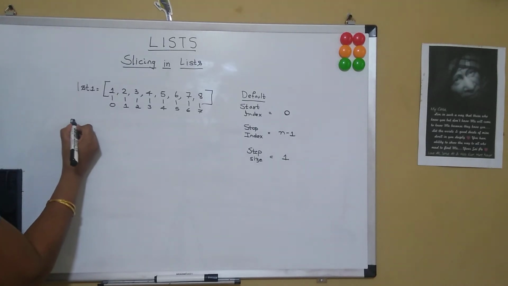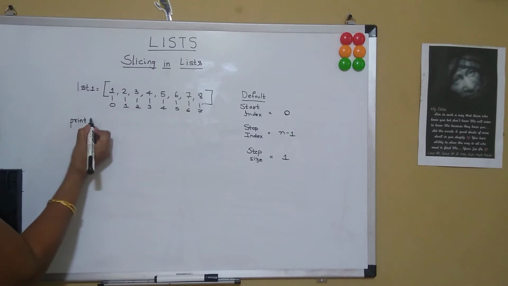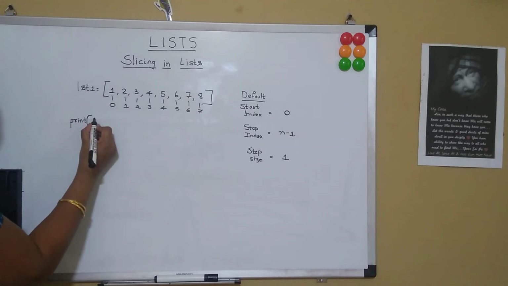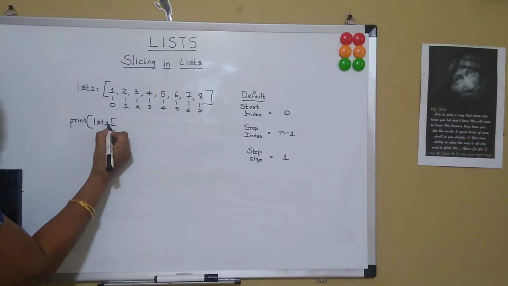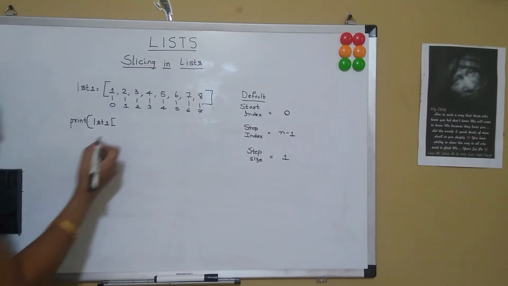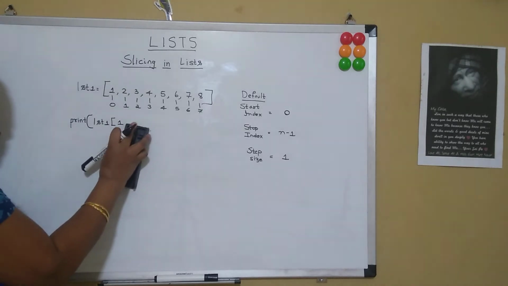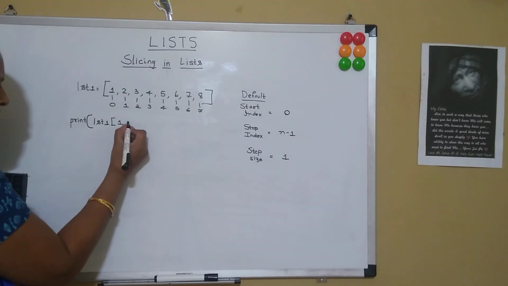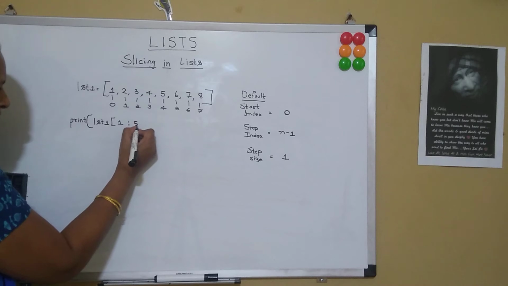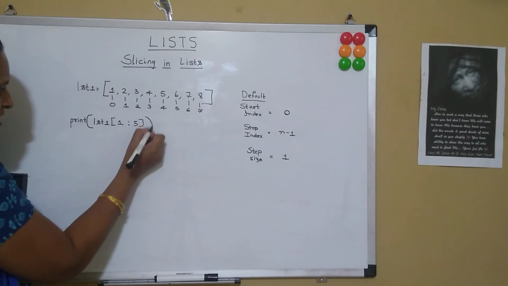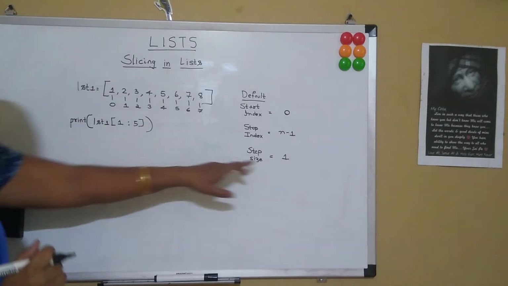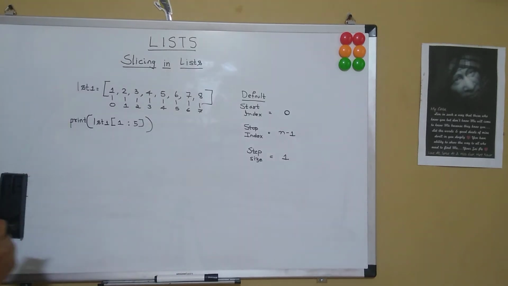If I say print LST1 in square brackets, if I give the start index as 1, colon, not comma, it should be colon, stop index as 5. I don't give any step size, so it will consider 1 as the step size.